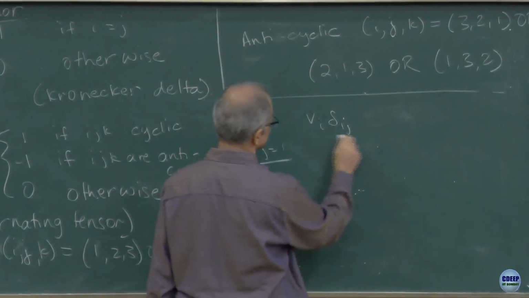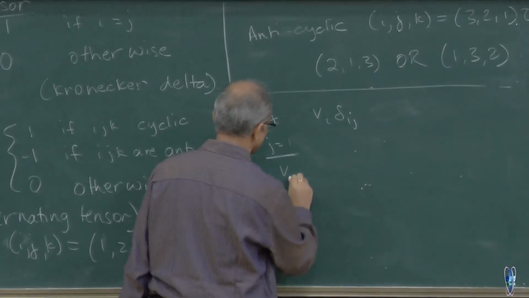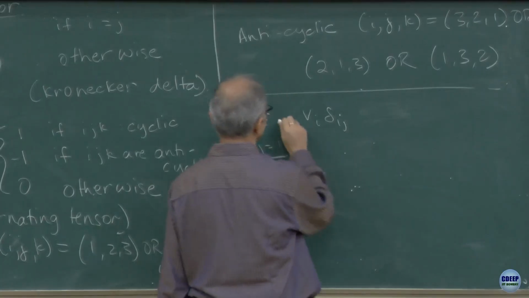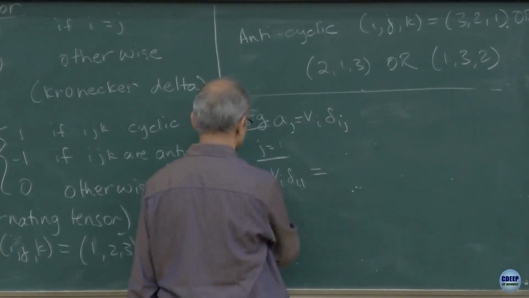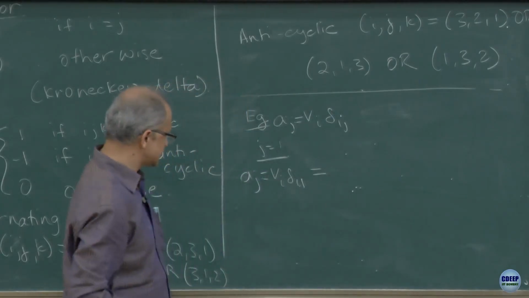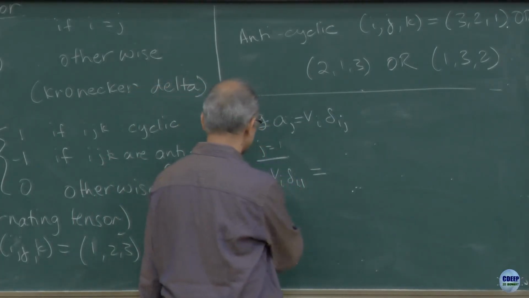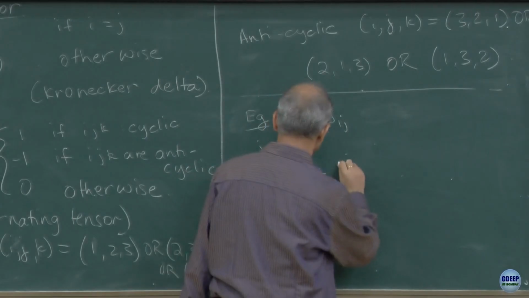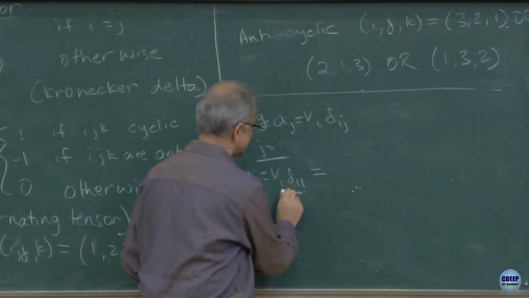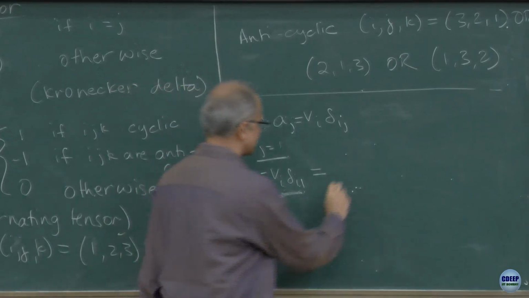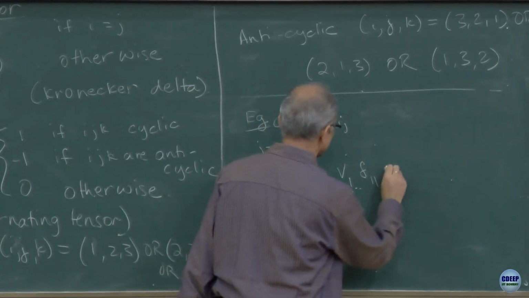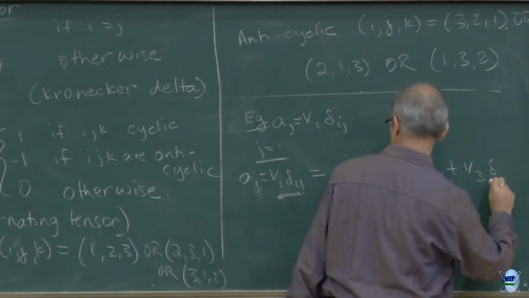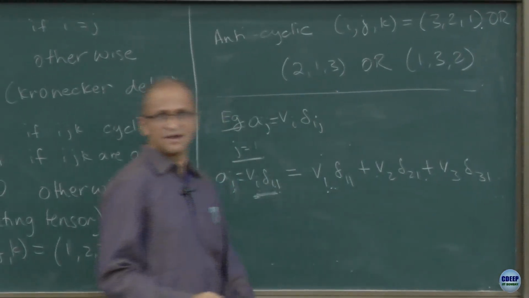So I get Vi delta i1. Let me call this A1, just to make it look like an equation. Now I have to expand this, since i is a repeated index. I write it out as V1 delta 11 plus V2 delta 21 plus V3 delta 31, correct?